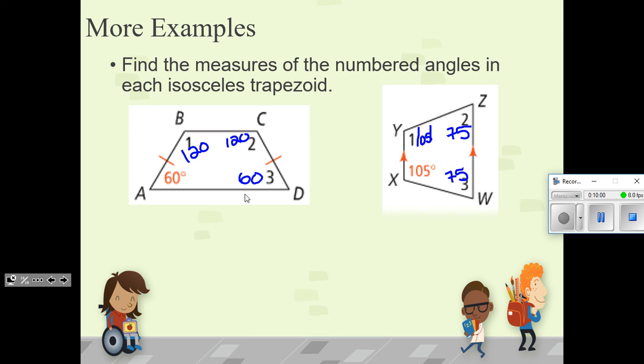Subtract that from 360, divided by 2, and you get 120 and 120 here, because they are also congruent. So if this trapezoid has 105, then that's 105. Add these two, subtract from 360, divided by 2, 75 and 75. And altogether, a quadrilateral has 360 inside.